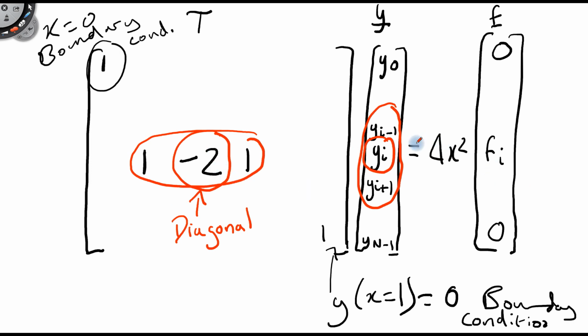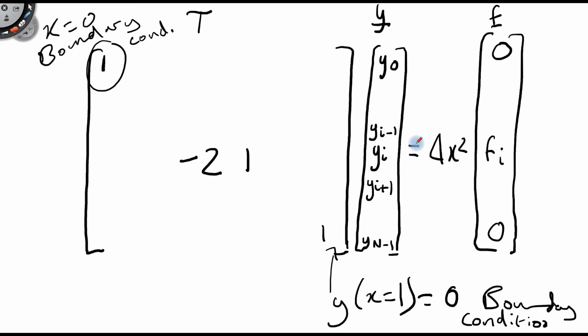All the other elements in this matrix are repetitive. Let me fill that in. The row above has a 1, minus 2 and a 1, minus 2 like that. A common notation is to put dots to show that it repeats.